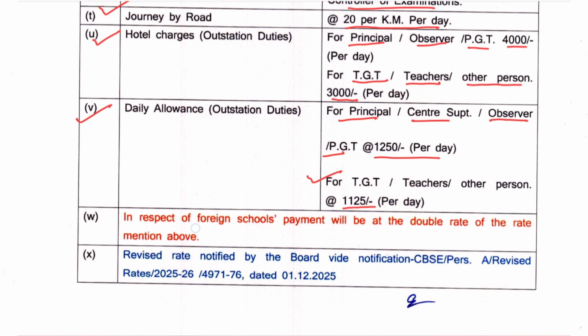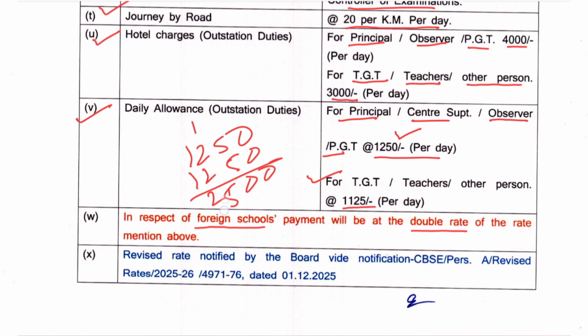Now, if you are working in a foreign school outside India, then you are going to get exactly double the amount mentioned above. Like here, 1,250 is there, so for an Indian working in a foreign school, it will be double of that, meaning you are going to get 2,500 rupees.